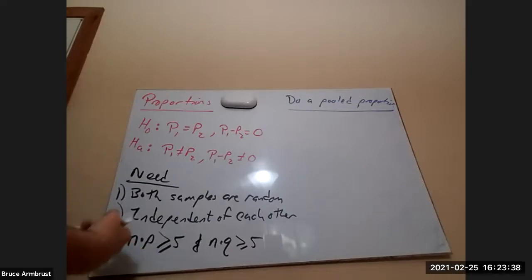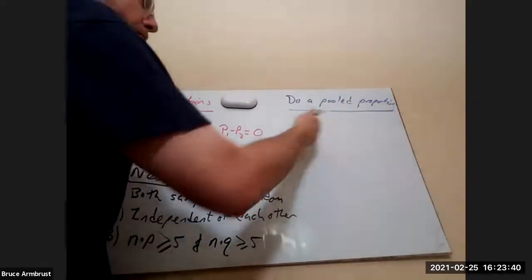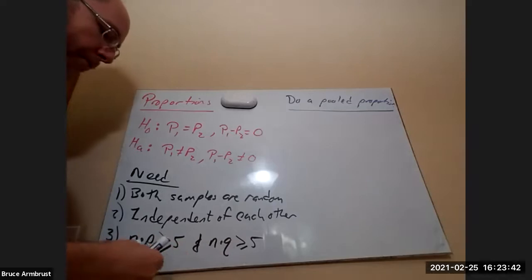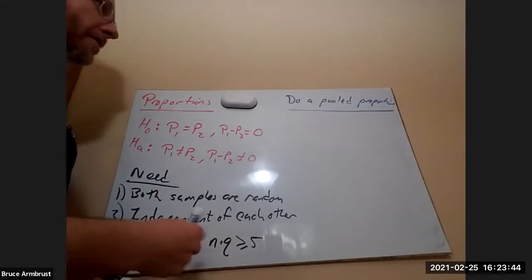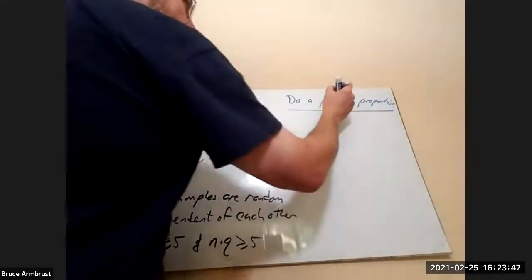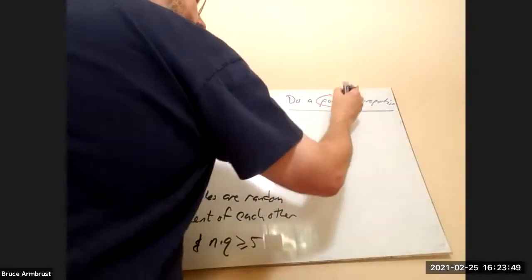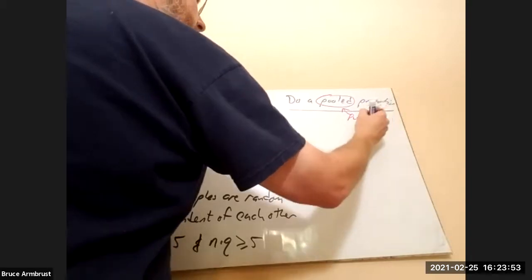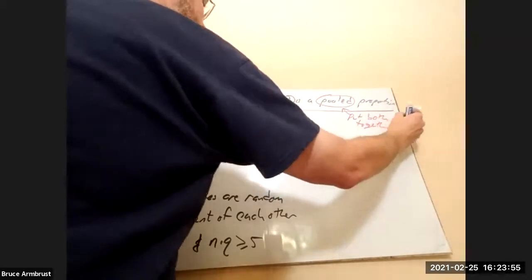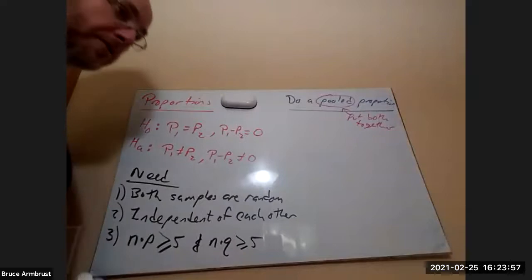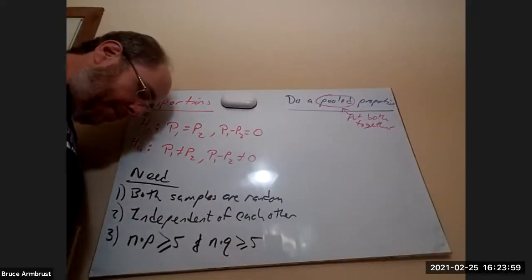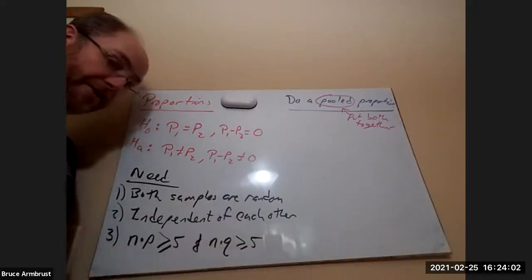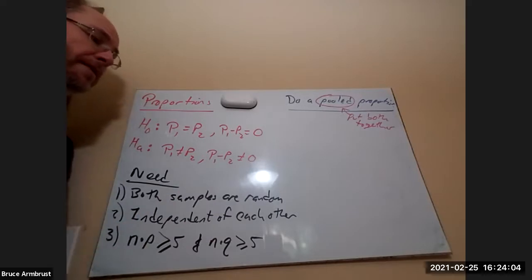But if we were to do this individually, we'd have to do what's called a pooled proportion. And pooled, all that means is you put both groups together. So if you ever see the word pooled, it just means that they're put together into one larger group.